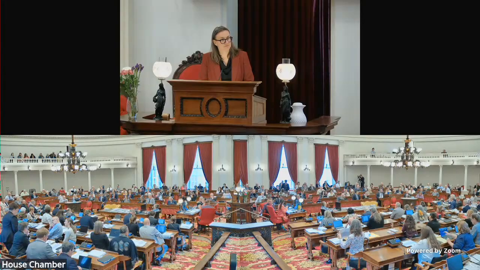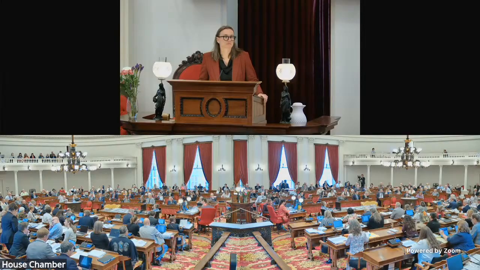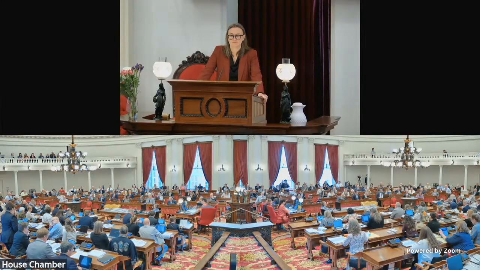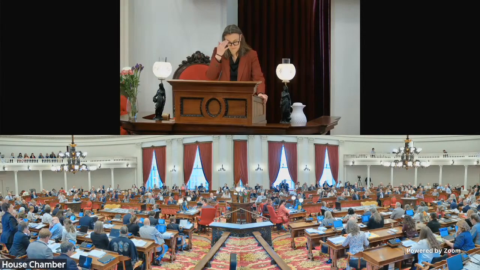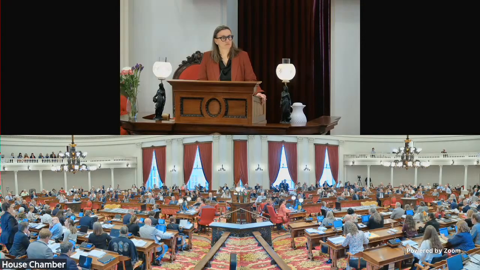Madam Speaker, the governor, in his veto message, made several points that I want to talk about. One was that this is seemingly aimed at data centers. Madam Speaker, your committee worked diligently to actually narrow this to be specifically about data centers and not about just large energy users.